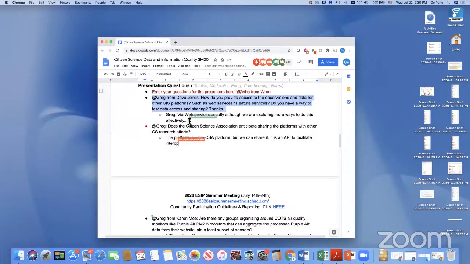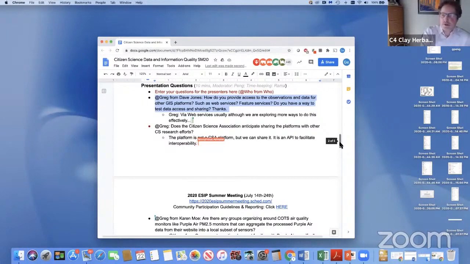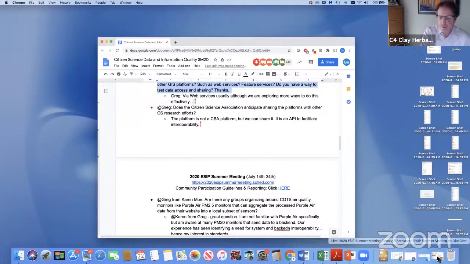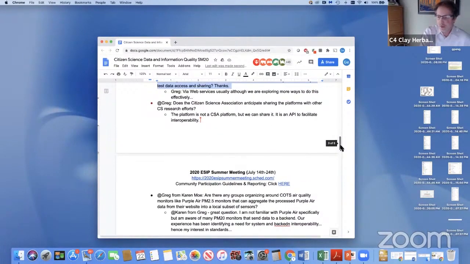Dave and Craig, do you have any additional comments? I would say one of the interesting things that we're exploring is tiered levels. We not only share our APIs, some publicly and some on the back end to other systems, but also the AGOL we provide out where people can see it from a data catalog perspective, and then they can also just see the visualizations and use that.